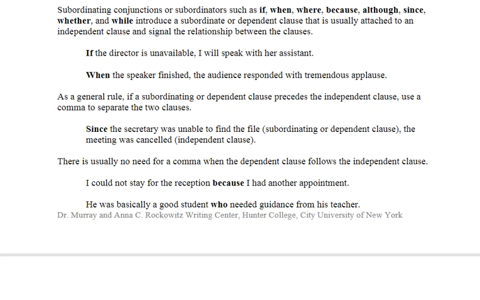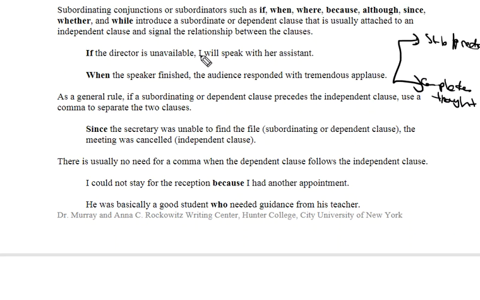Remember, this is only the case in a complex sentence, not in a compound sentence where we have two independent clauses. Again, how do we determine an independent clause from dependent? We have to have these two elements. First, subject and verb, or subject and predicate, and a complete thought. By complete thought, I mean no subordinate conjunction in the clause.